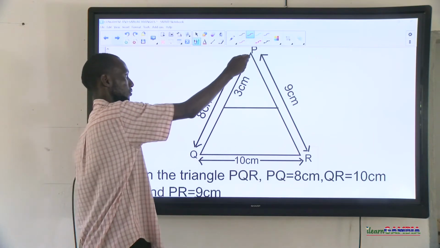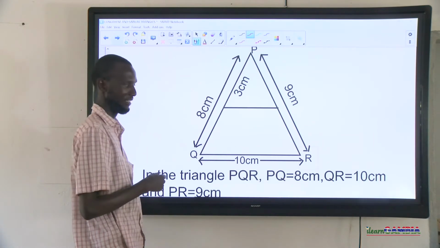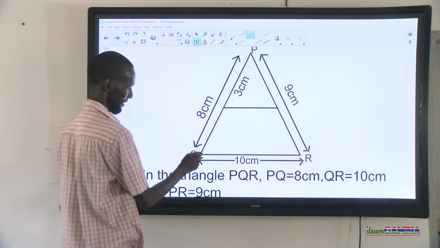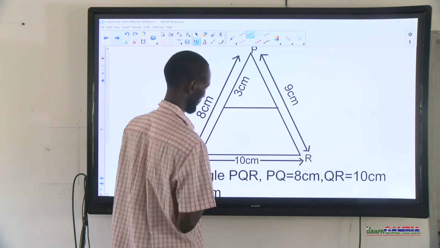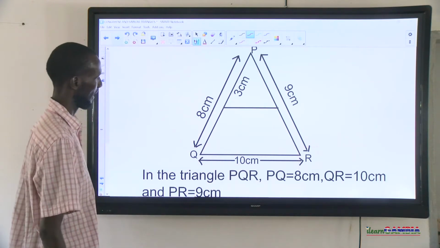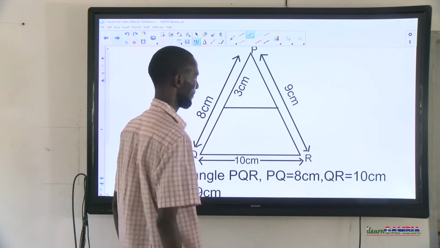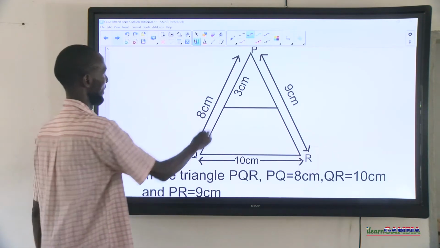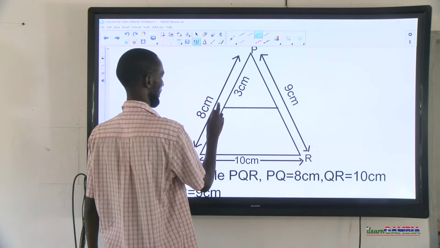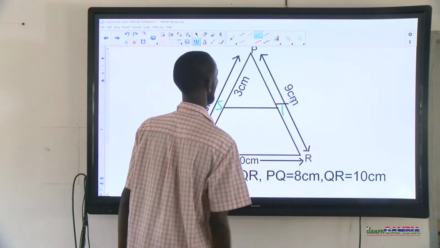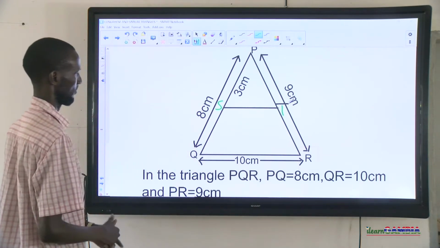We can see that from P to Q is 8 centimeters. And then QR here is 10 centimeters. And then PR is right here, giving us 9 centimeters. By the way, here should be S, and here should be T. Yes, ST. There you go, all right?